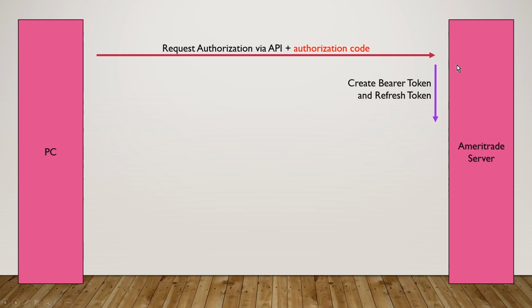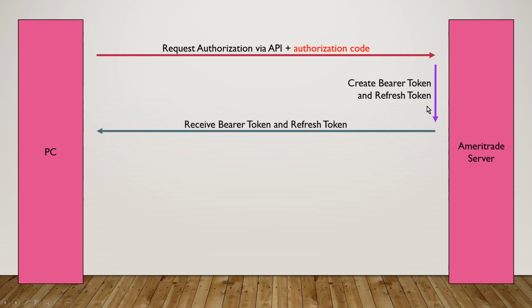When the server receives that, it can then create the bearer token and refresh token and deliver it back to you. Now the whole question is, how do you then get this authorization code? An API is programmatic, so there isn't a way to sign on to Ameritrade to provide this authorization code. That needs to be done in real time by you, the user.